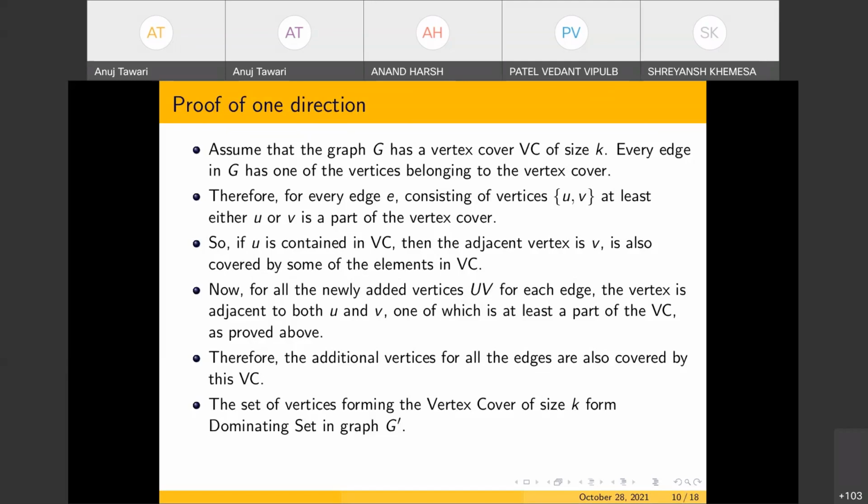There is something more. Okay. No, G prime was not the original one. G prime is the new one.